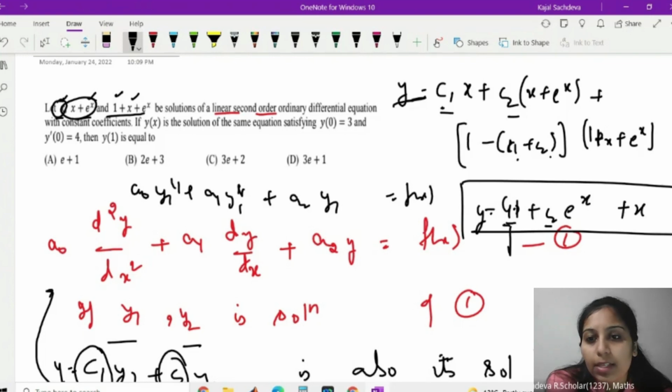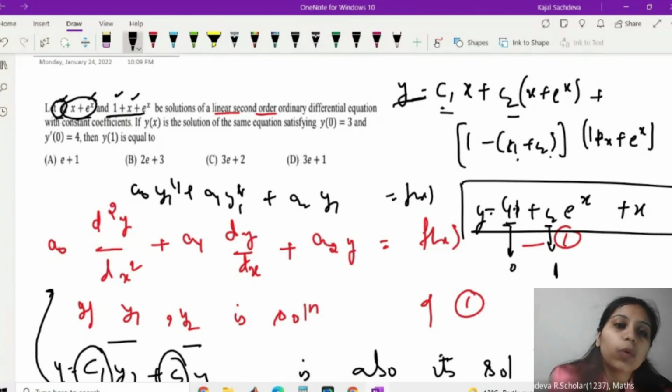Just put C1 equal to 0 and C2 equal to 1. We get x plus e^x. And in the similar way, when we want 1 plus x plus e^x, just put C1 equal to 1 and C2 equal to 1. We get 1 plus e^x plus x. So this is a technique to write a solution which generates all the three solutions. We can do it by our manual method also or by this short trick, as you like.